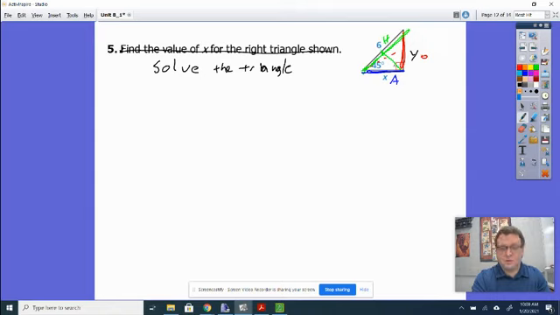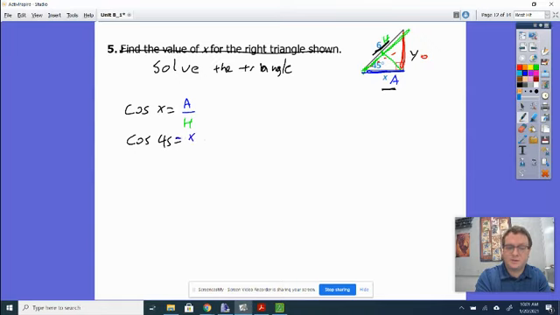So let's start out by finding x. So the two sides I care about are going to be the hypotenuse and the adjacent. That's going to be cosine of x equals adjacent over hypotenuse. Plugging in what I know. Cosine of 45 is equal to x over 6. Okay, we got the one where it's on the bottom.